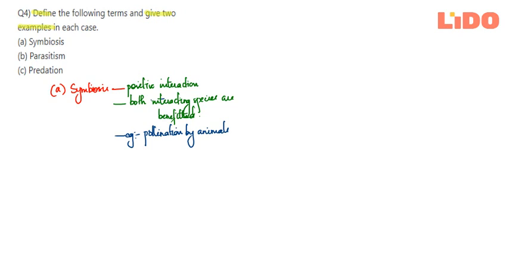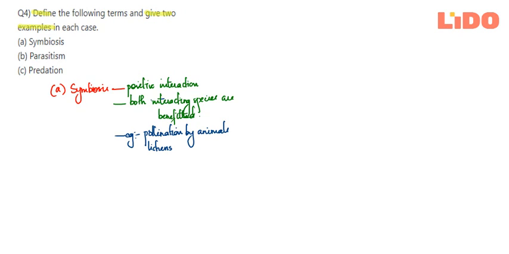The plants need the help of animals for pollinating their flowers and dispersing their seeds, whereas the animals get very juicy and nutritious fruits from the plants. So one example is pollination by animals where both of them are benefited, and the second example is lichen. Yes, so these are the two examples of symbiosis.